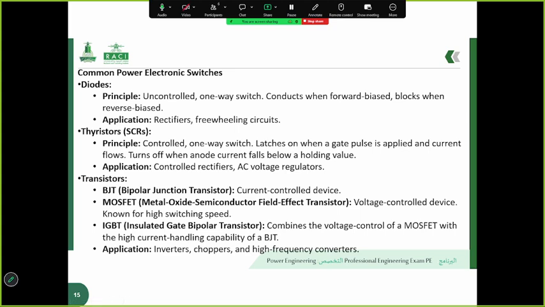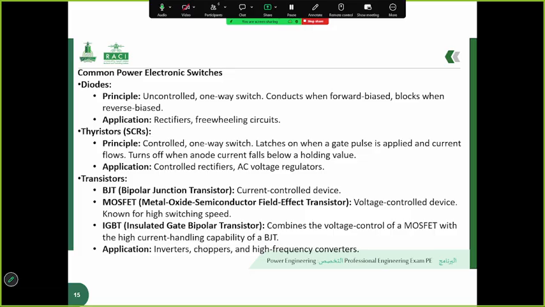And due to their simple operation and reliability, diodes are widely used in rectifiers and freewheeling circuits. The slide then discusses thyristors, or silicon controlled rectifiers (SCR) in summary, which are controlled unidirectional switches.